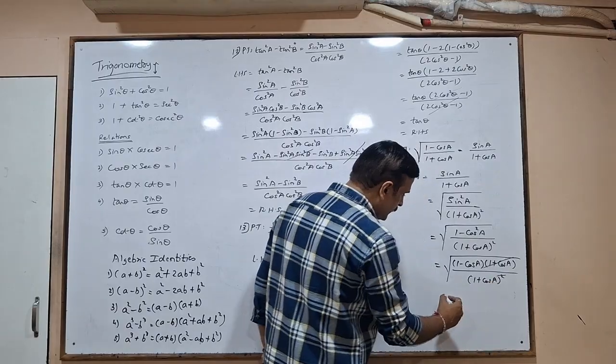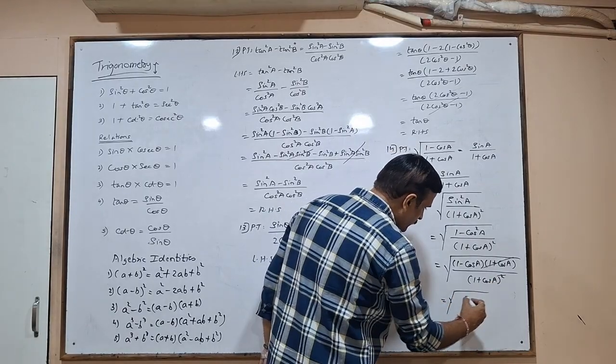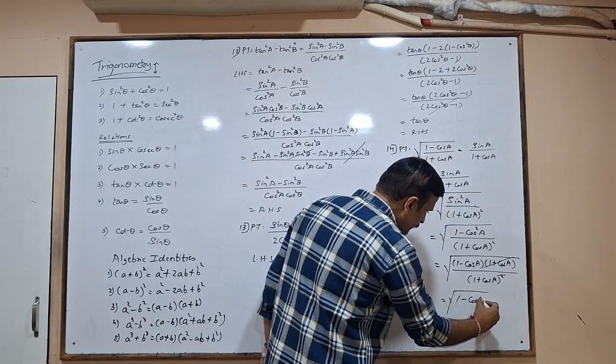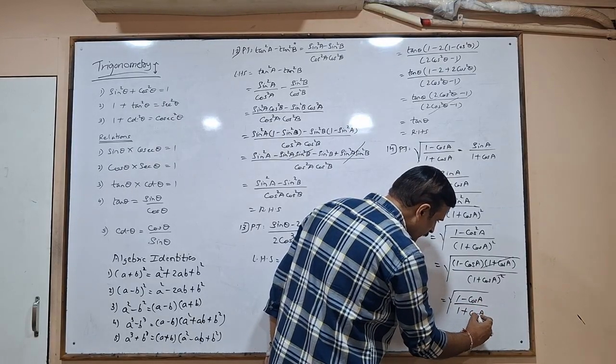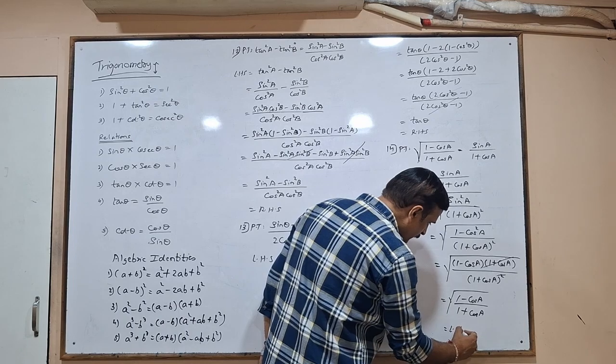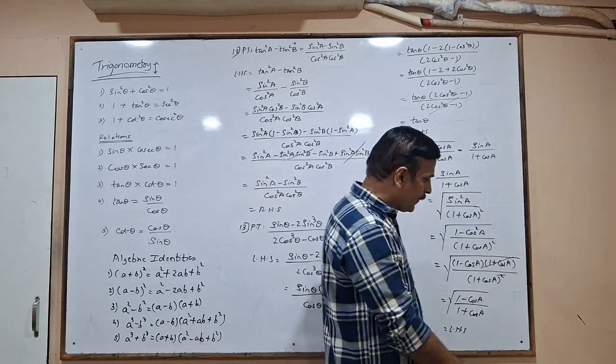Bracket cancels. What remains is 1 minus cos A upon 1 plus cos A, which is LHS.